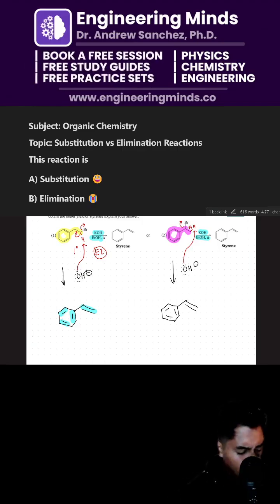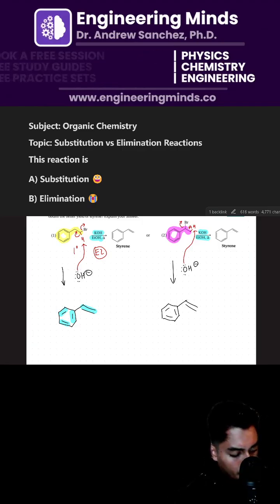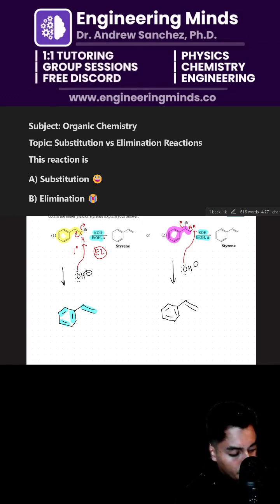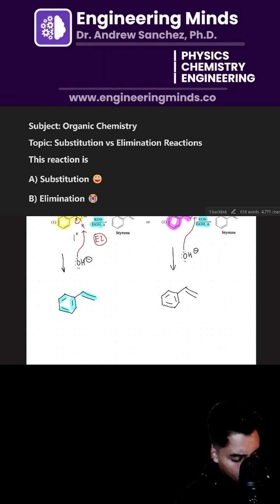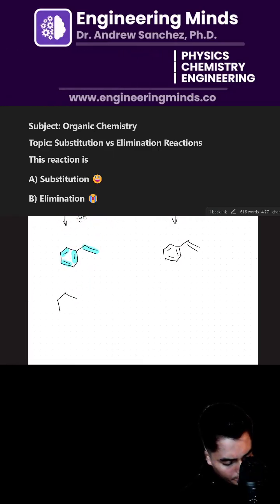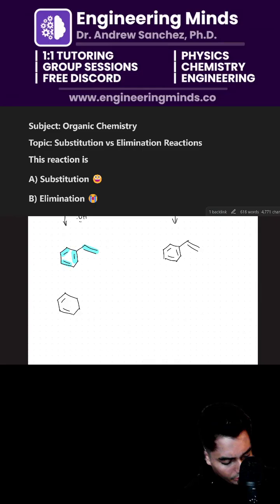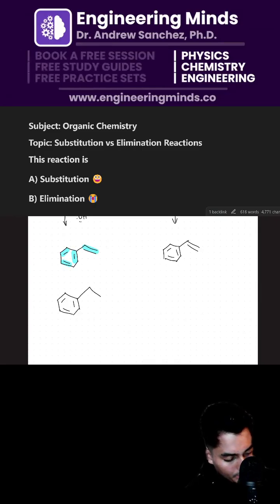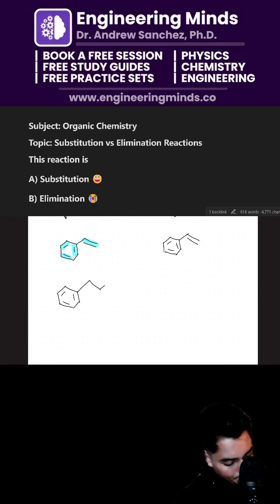Because actually, this will be SN2. It will also be possible here. So let's try one more example. Another possible mechanism is that our KOH is not only going to act as a base, it's also going to act as a nucleophile.